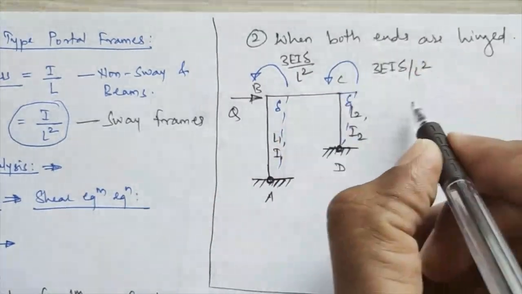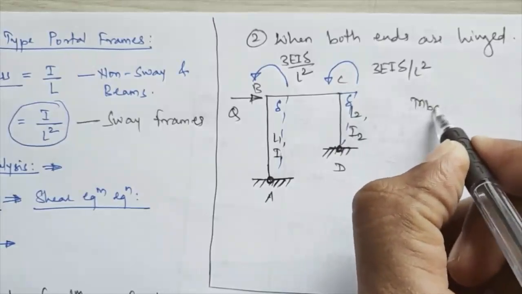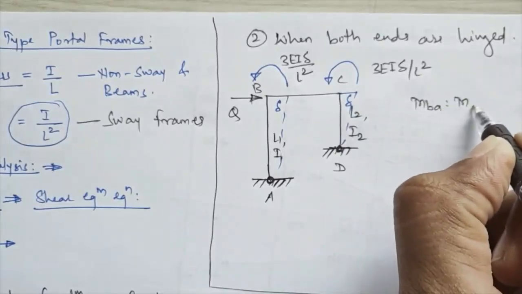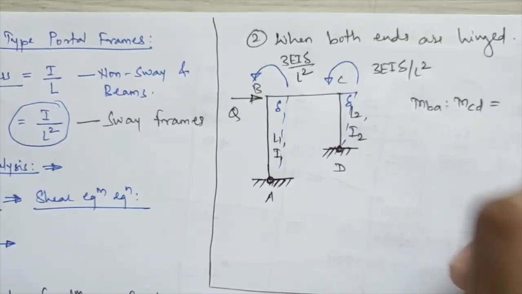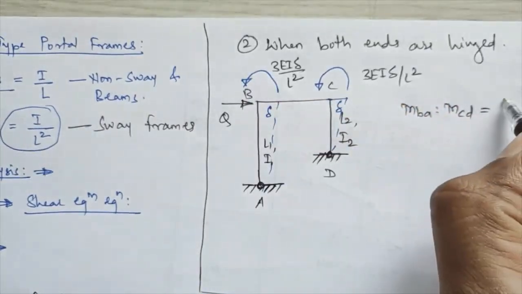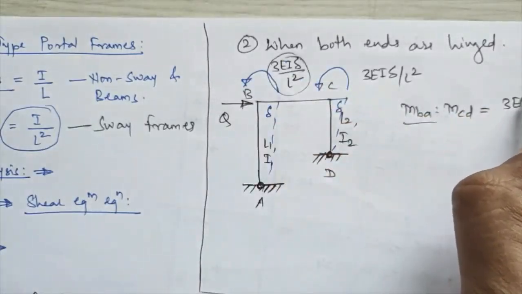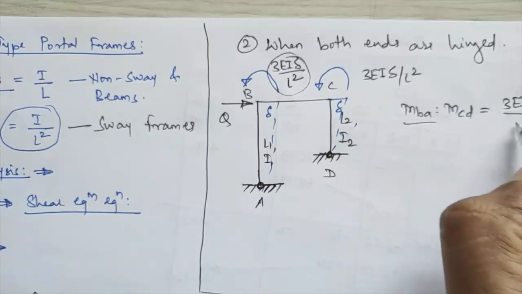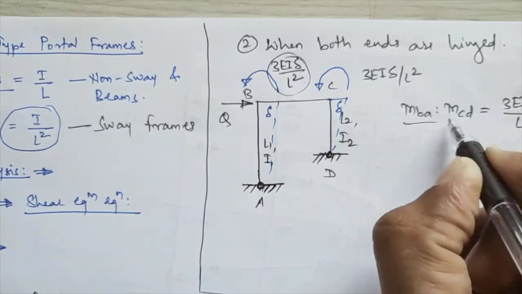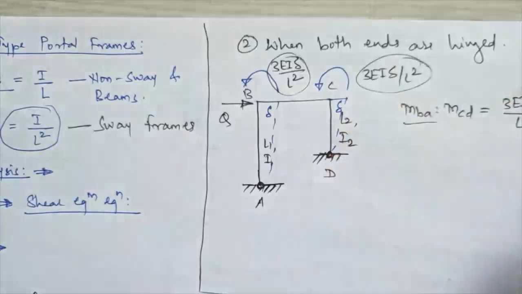If I take again the ratio of these two columns, that is MBA is to MCD, what will I get? First the MBA value, that is 3EI1 delta upon L1 square, is to the moment of CD, that is 3EI2 delta divided by L2 square.